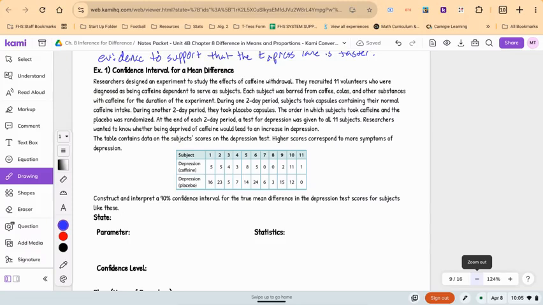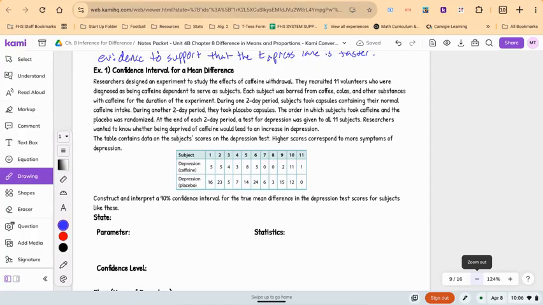During one 2-day period, subjects took capsules containing their normal caffeine intake. During another 2-day period, they took placebo capsules. The order in which the subjects took caffeine and the placebo was randomized. At the end of each 2-day period, a test of depression was given to all 11 subjects. Researchers wanted to know whether being deprived of caffeine would lead to an increase in depression. The table contains data on the subjects' scores on the depression test.